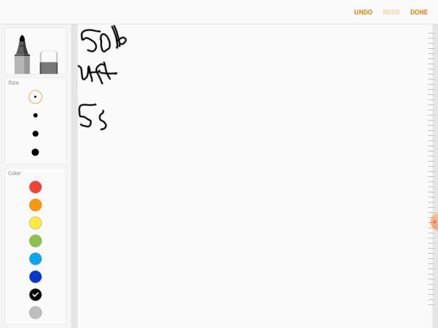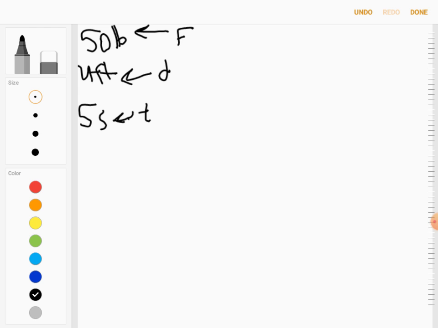So that's 3 things we know. This is going to be the force, this is going to be the distance, and this is going to be the time, lowercase t. That's not necessarily something we've talked about yet, and it's not relevant for this situation, really.